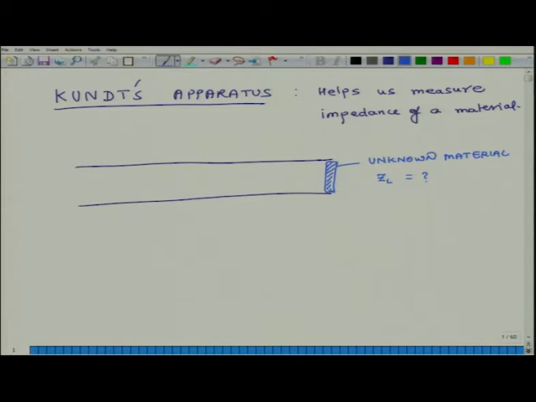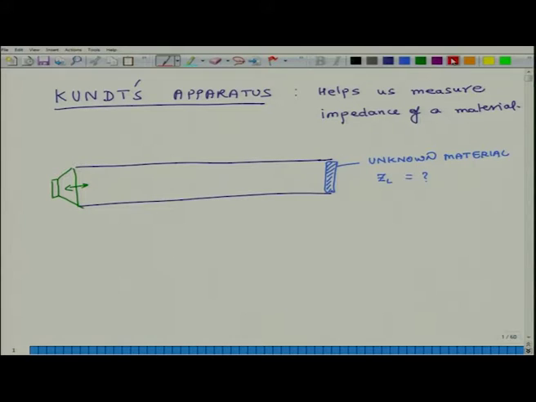So, you have a straight tube, and then at the other end of the tube you have a sound source. So, there is a speaker, and you can play different frequencies, and those frequencies are going to propagate in this tube.